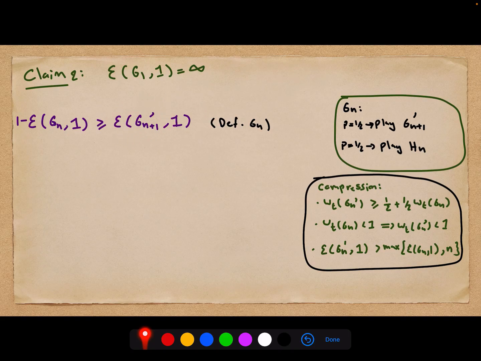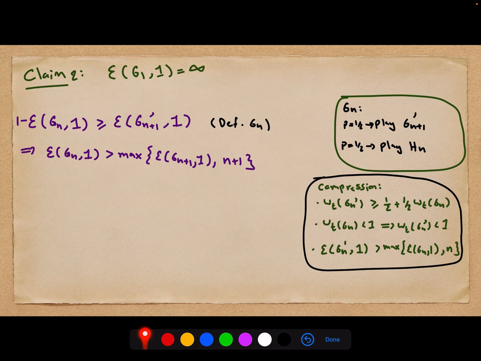So the amount of entanglement for the former must at least be as large as the amount of entanglement for the latter. Now, we can also lower bound this entanglement requirement for the compressed game by using the third guarantee of our compression result to get the following expression.